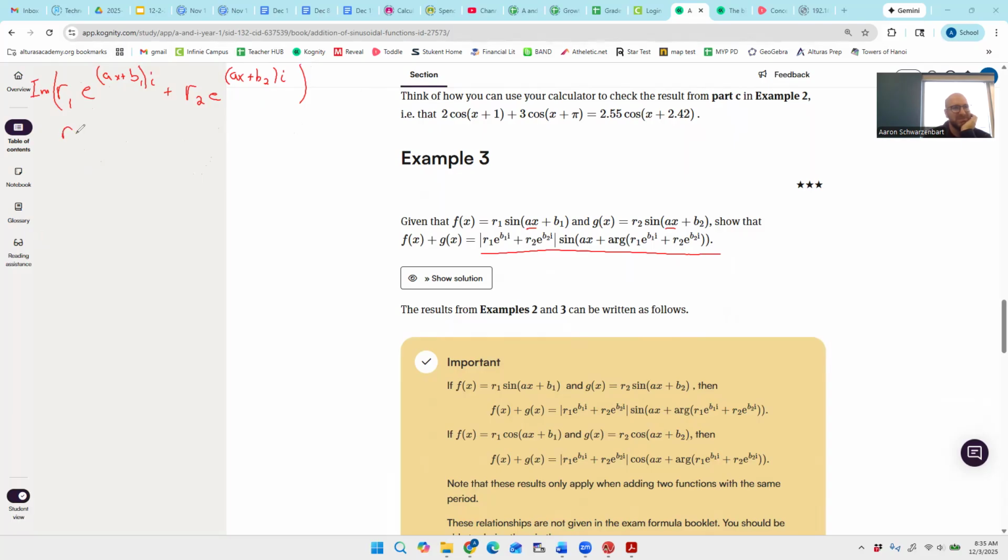So what we've done is convert both of them to Euler form and put them in the same imaginary exponent. Now I'm going to distribute. The a's are the same, but the b's are different.